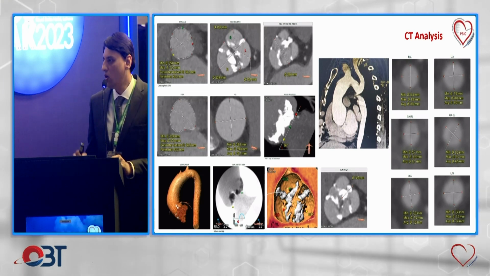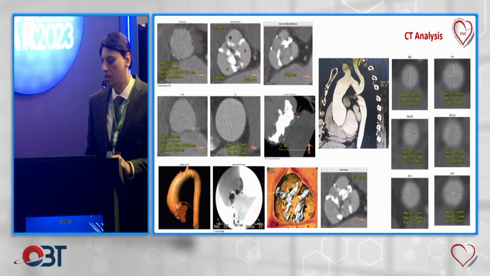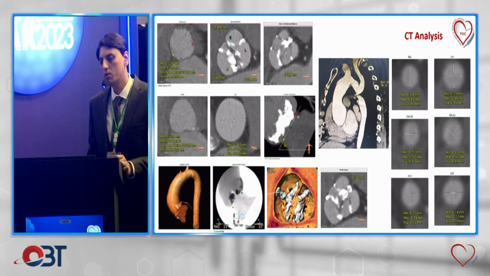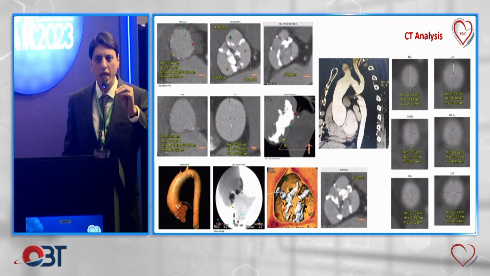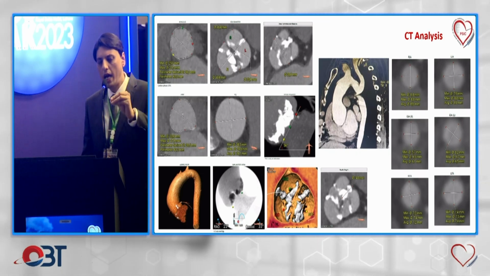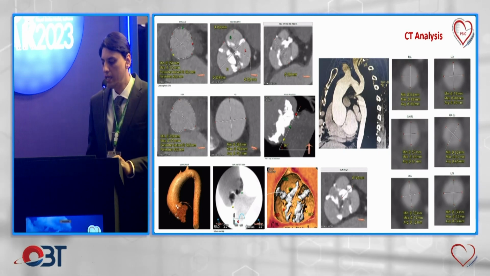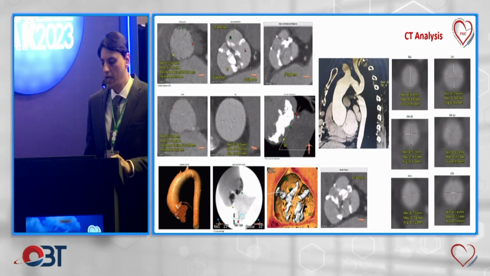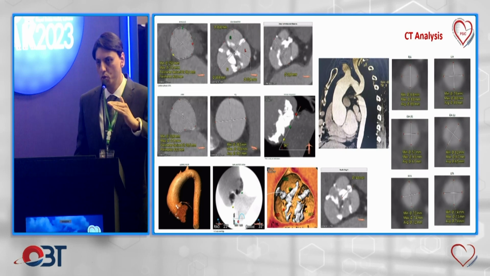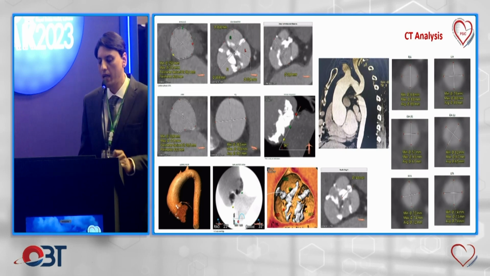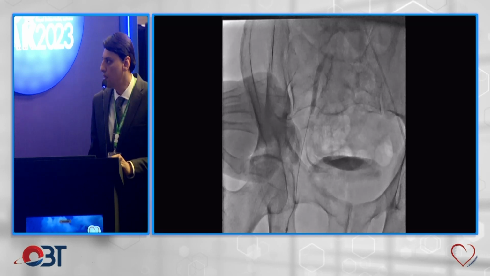You can see on the left side the coarct. You can appreciate the coarct. We weren't able to really appreciate and measure our graft from the CT scan, and we decided to go fluoro for that. The axis was fine. The root was a bit dilated and a bit angled, 56, but it was okay.